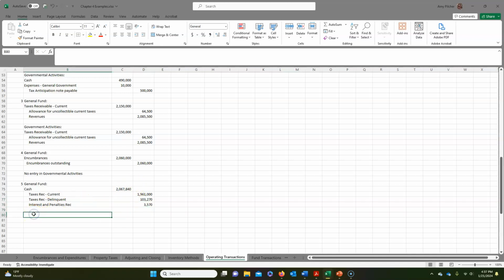And then we're also going to record deferred inflows of resources for the amount of back taxes that we received.